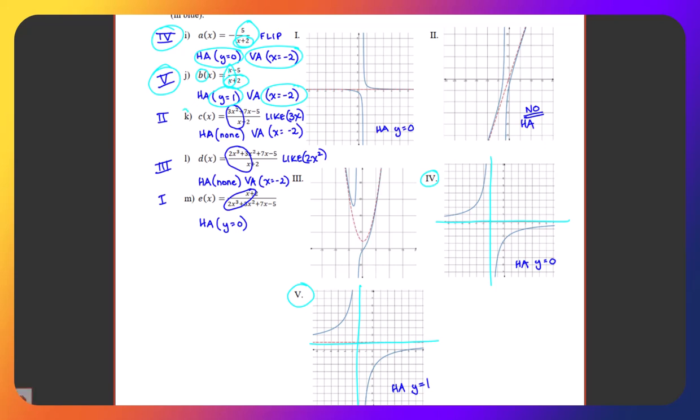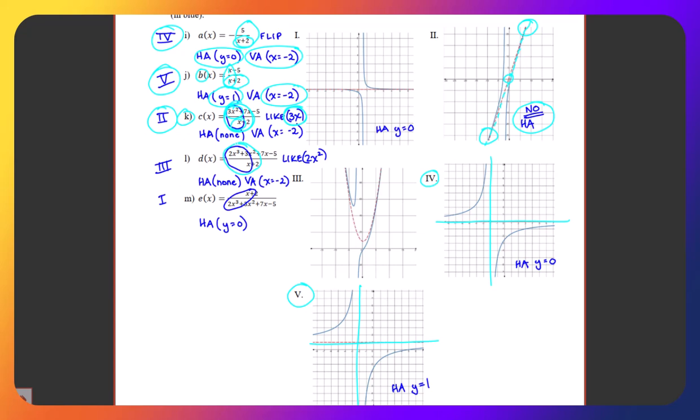In K, it is top heavy, so it has no horizontal asymptote. That's choice 2. If I look at just the first terms, 3x squared over x, that's like 3x. And we see this line with a y-intercept of 0 and a slope of 3. So the graph looks like 3x at the ends.